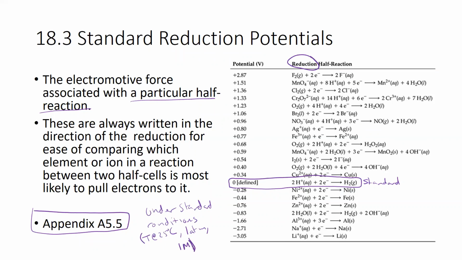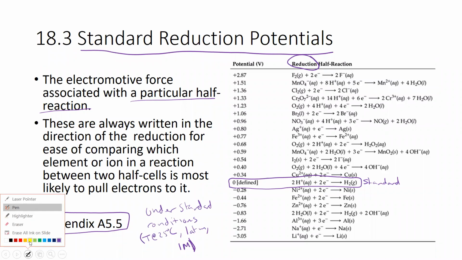And so those are the standard conditions we're talking about, and that's how we put together this table of standard reduction potentials in order to compare which of these is going to be reduced and which is going to be oxidized.